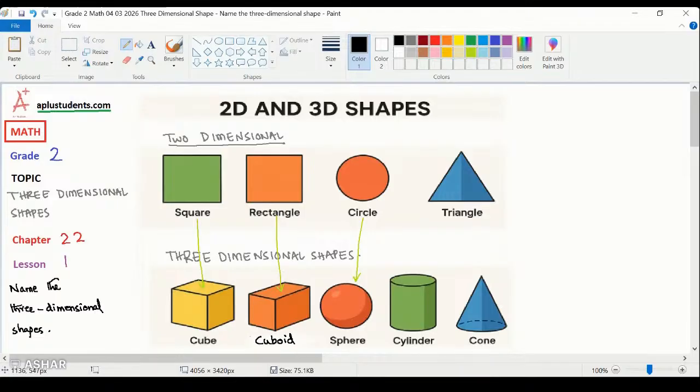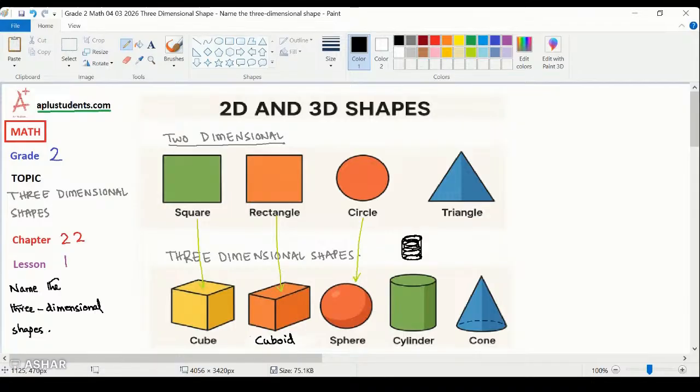A cylinder is basically what you get if you stack coins on each other, one coin on top of another coin, right? So when you're stacking coins, it will form a shape that is known as a cylinder.